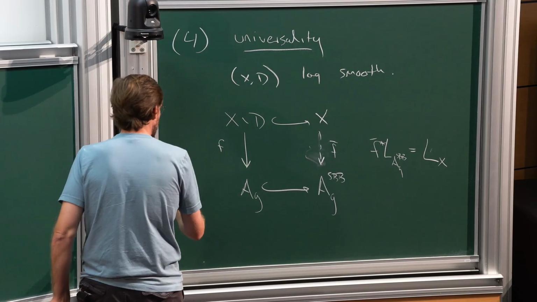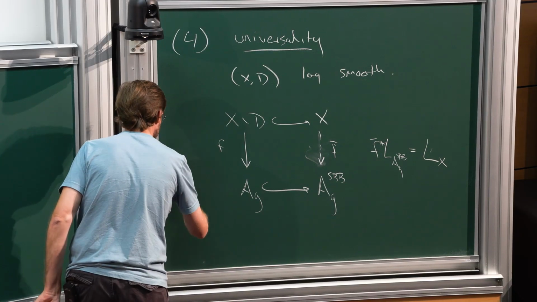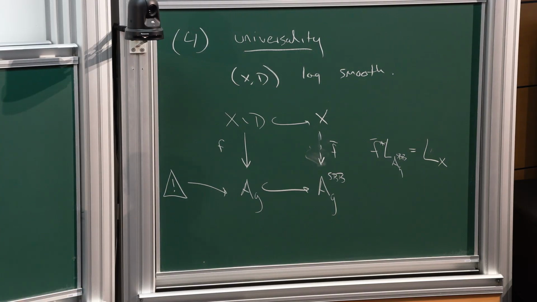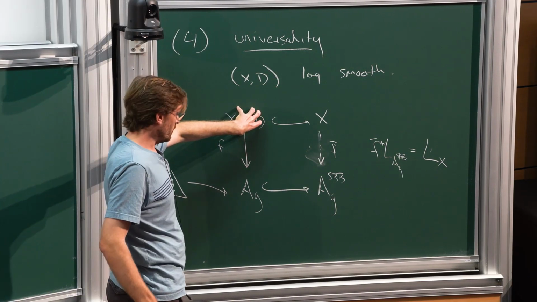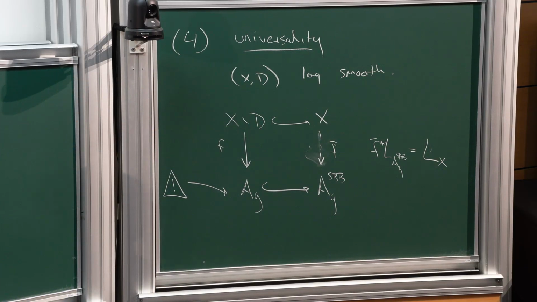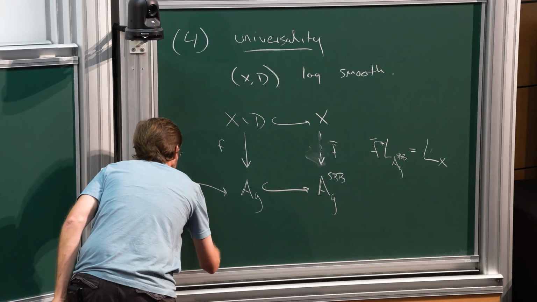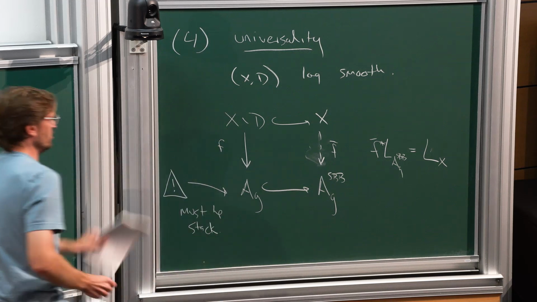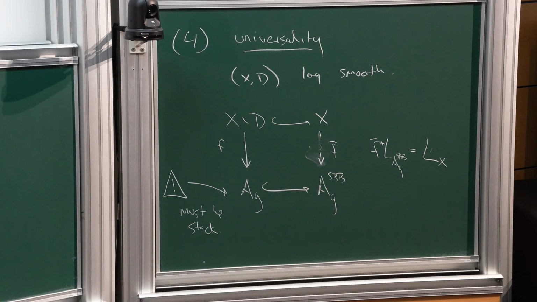So I should put a little warning here. This really needs to be the stack. So I need an actual family of abelian varieties over X minus D. When I write this map in this context, I really want a map to the stack. And that's going to be a recurring feature whenever I talk about this universality property, so just keep that in mind.